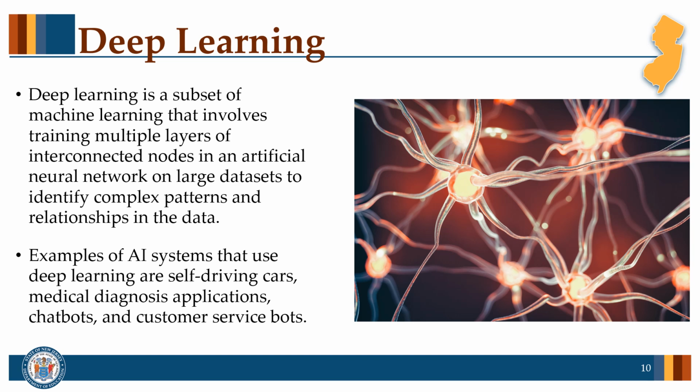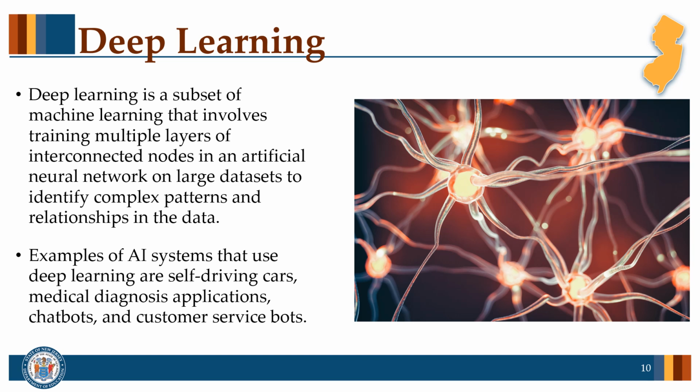Similarly, deep learning neural networks, or artificial neural networks, are made of many layers of artificial neurons that work together inside the computer. The neural network is trained on large data sets to identify complex patterns and relationships in the data in real time. Artificial neurons are software modules called nodes, which use mathematical calculations to process data. Artificial neural networks are deep learning algorithms that use these nodes to solve complex problems.